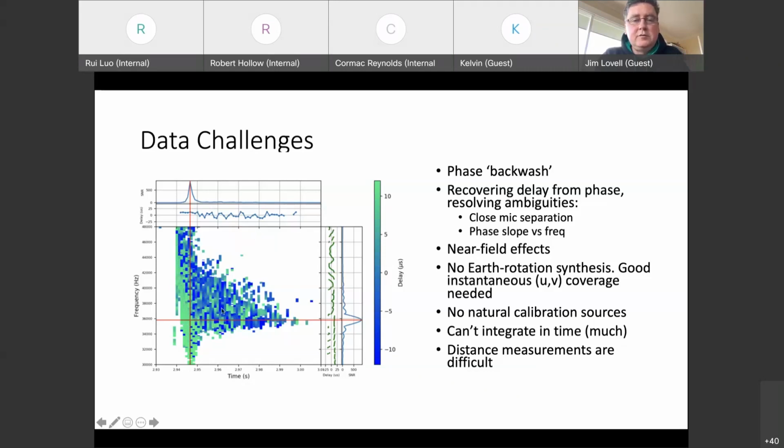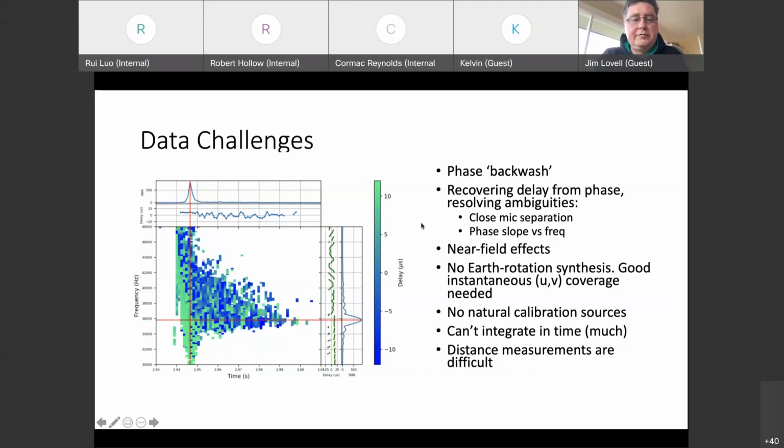But then you get this sort of backwash. You get quite a lot of variation in phase, which is very difficult to manage. And it seems to be not a bat thing. It seems to be related to any sound. So presumably some sort of instrumental effect. I haven't really got to the bottom of it. So I had to develop some routines to just pick the leading edge of these calls, which proved quite difficult.